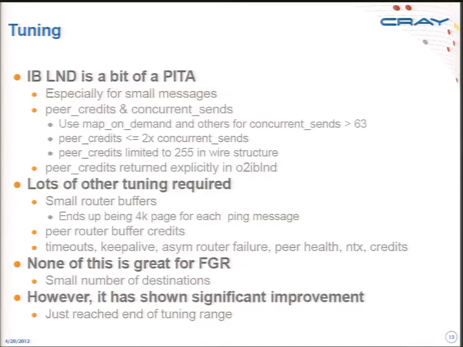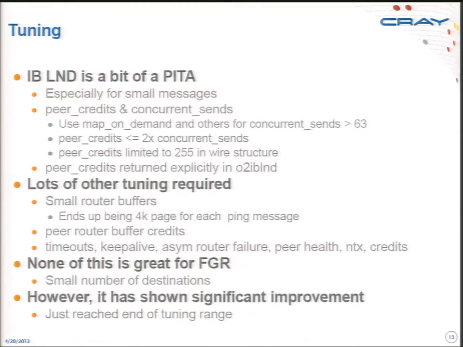The base ones are peer credits and concurrent sends. You have a limit of 63 concurrent sends with the default LND parameters, based on the size of the queue pair that can be allocated. And the way it does it is it allocates a full minimum message size per concurrent send.